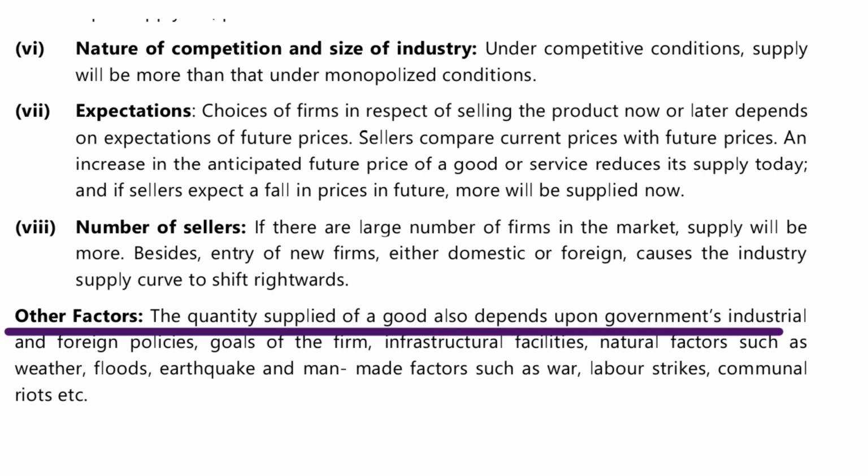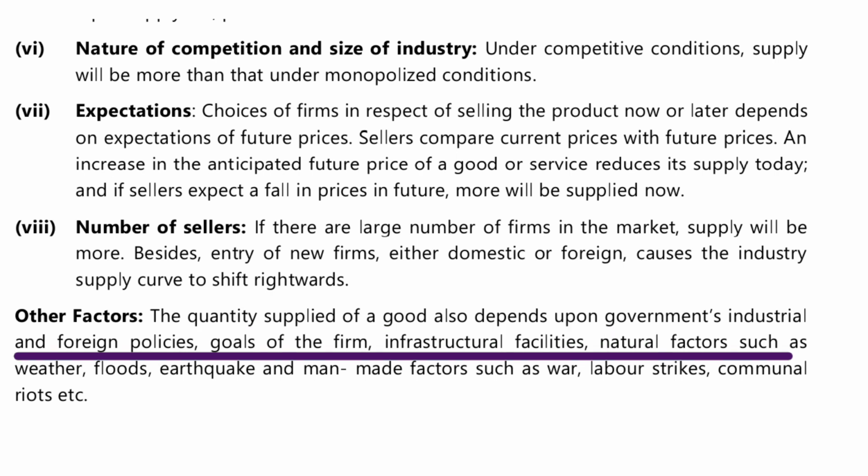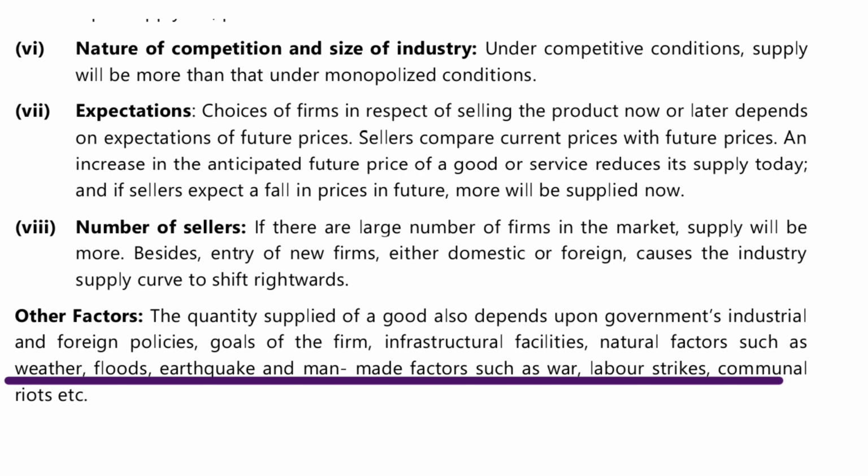Naturally, they are the foreign policies of the government, the goals of the firm, the infrastructural facilities of the industries, natural calamities, and then laborers' strikes, communal riots or any natural disturbances, which will also affect the supply in the market.